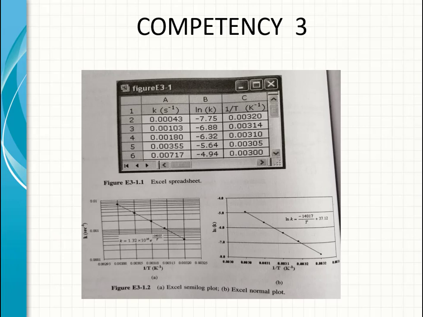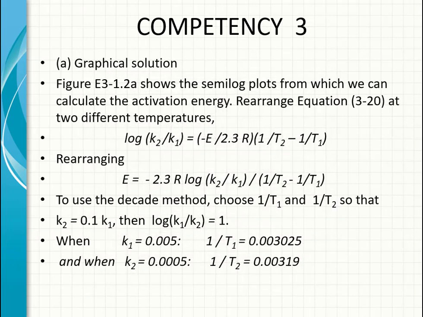And if we take the natural log of k, and we plot it against 1 divided by T, we will have the plot on the right side. So those two different ways of resolving this problem will lead us to the same result.